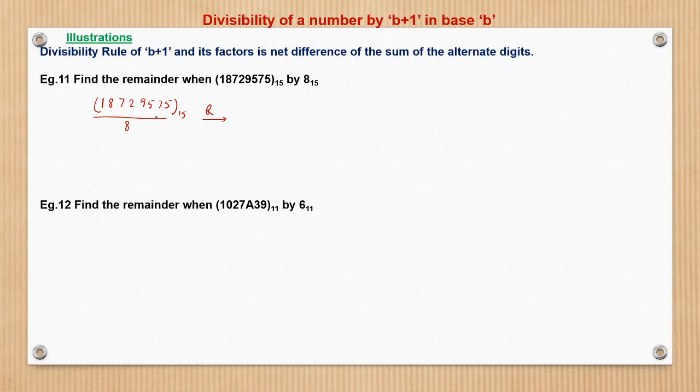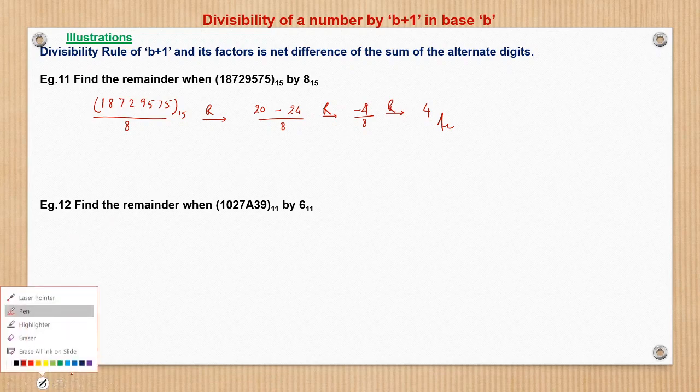So the divisibility rule is applicable here, that is the alternate digit sum. Here we'll start with 5, 5 plus 5 is 10, 10 plus 2 is 12, 12 plus 8 is 20. So it becomes 20, minus this, which becomes 7 plus 9 is 16, 16 plus 7 is 23, 24. So the remainder is minus 4 by 8, which is nothing but remainder plus 4 in this case. Okay. Minus 4 means plus 4.